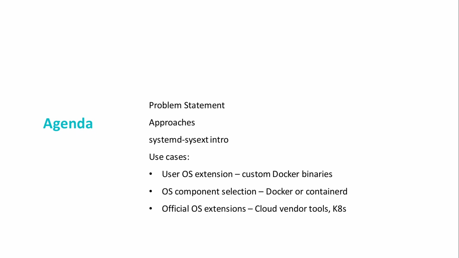And I will give a more general introduction about systemd-sysext and more concrete use cases on where it has use scenarios that make sense from my perspective as a Flatcar Container Linux maintainer, but maybe they can serve as examples on what you could do with systemd-sysext as well.